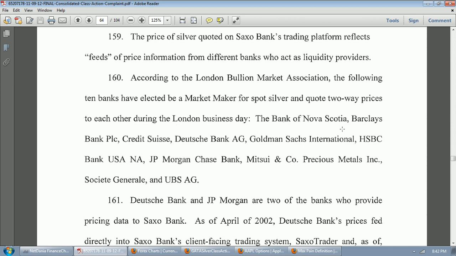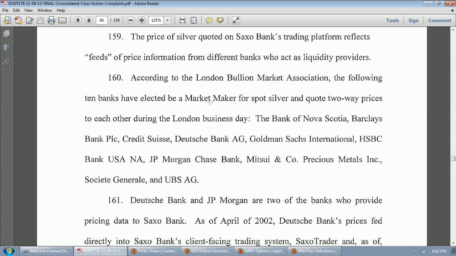The Bank of Nova Scotia, Barclays Bank PLC, Credit Suisse, Deutsche Bank AG, Goldman Sachs, HSBC, JP Morgan, Mitsui, Societe Generale, and UBS AG. Those are your 10 banks.